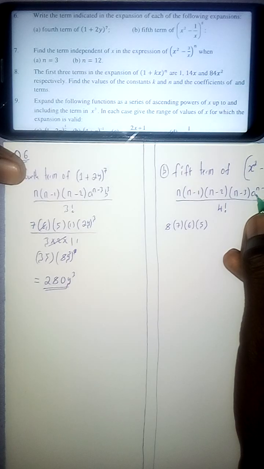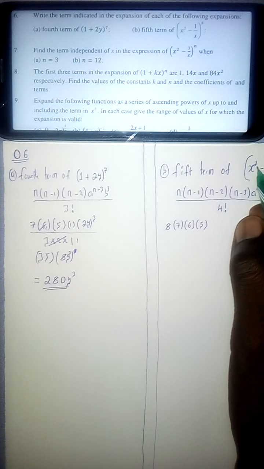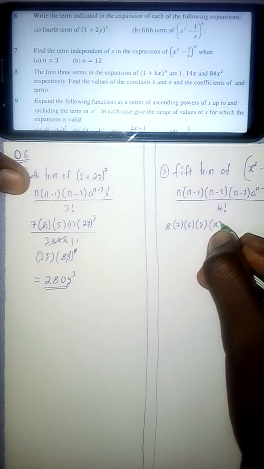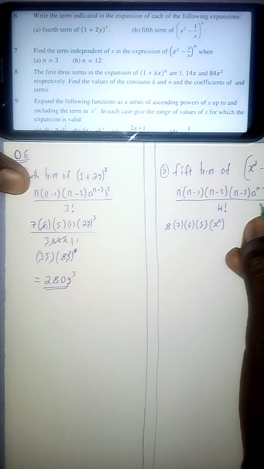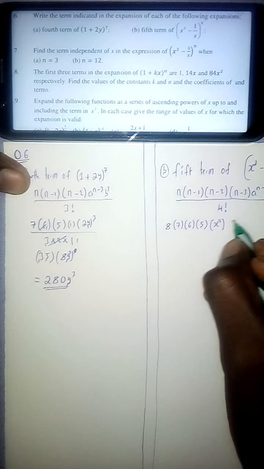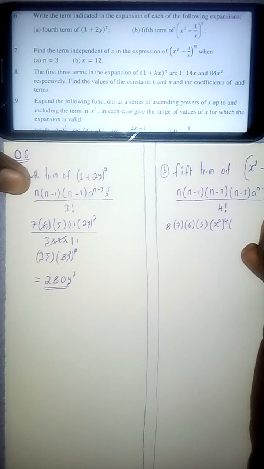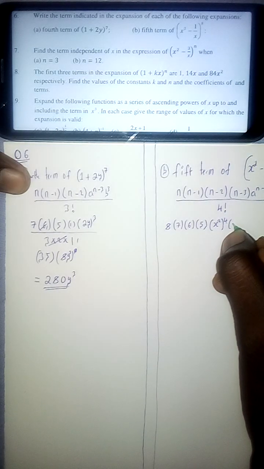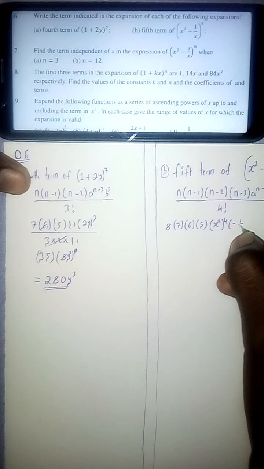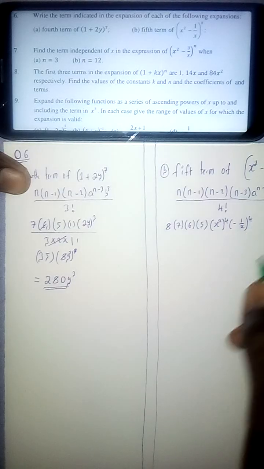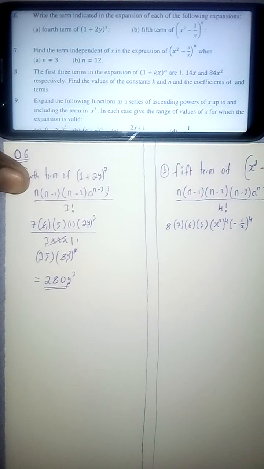What is my a here? My a is x squared, raised to the power n minus 4. Since n is 8, 8 minus 4 is 4. Then I have my b. My b is negative 1 over x, raised to the power 4.